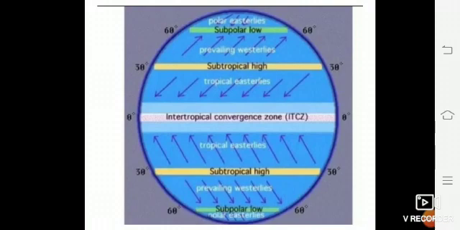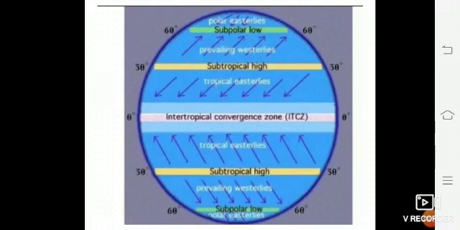The winds moving between 0 degree and 30 degree north and south are known as trade winds. In the northern hemisphere, that is above 0 degree equator, they are known as northeast trade winds, whereas in the southern hemisphere, they are known as southeast trade winds.